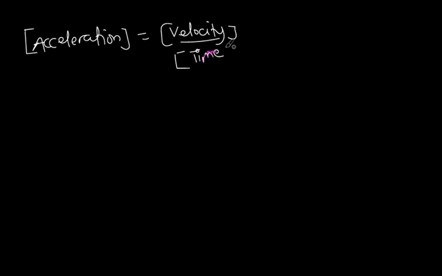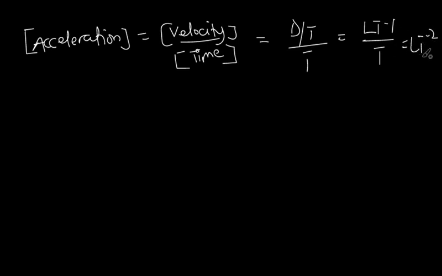So we need the dimension for velocity and the dimension for time. Now velocity is distance over time, so let me use D for the distance divided by time, all over time again. The distance, like I said, is L in dimensional analysis. So the top, for the velocity, is LT minus 1, divided by T again. If this T comes to the top, we have LT minus 2 as the dimensional equation for acceleration.